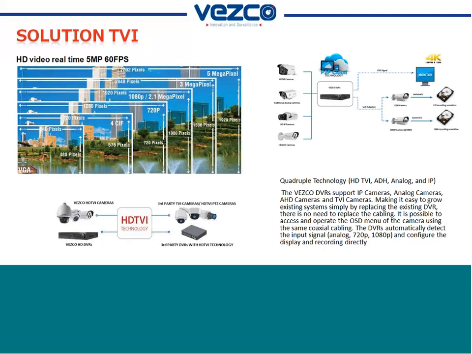So the Vezco DVRs support IP cameras, analog cameras, AHD cameras, and TVI cameras, making it easy to grow existing systems simply by replacing the DVR. There is no need to replace cabling. It is possible to access and operate the OSD menu of the camera using the same coaxial cabling. The DVRs automatically detect the signal inputs, if it's analog, 720, or 1080, and configure the display and recording directly. So they are self-adaptive.